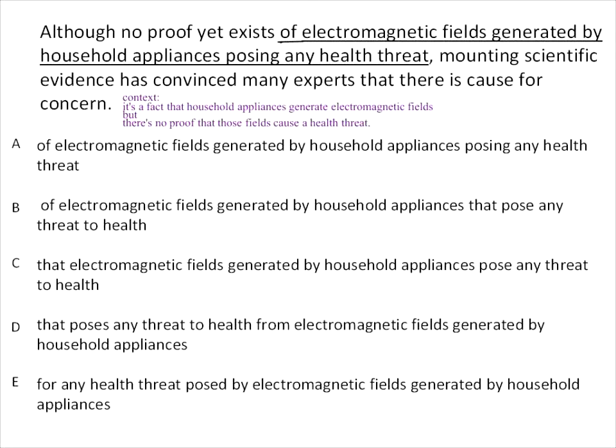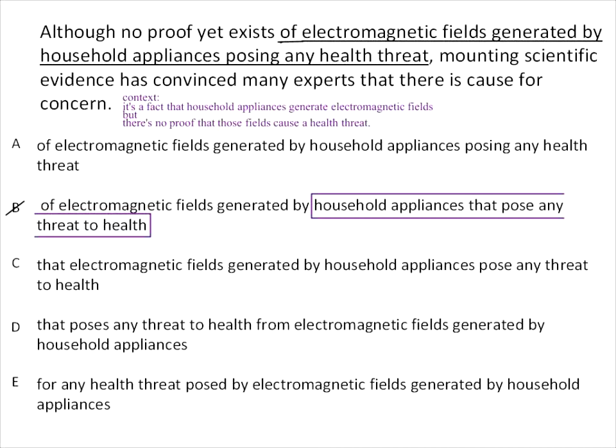So the problem with B is that B is an incorrect modifier. You've got that "pose any threat to health" is tagged on to household appliances. So that's just not the right meaning. It violates this particular context that we're talking about.